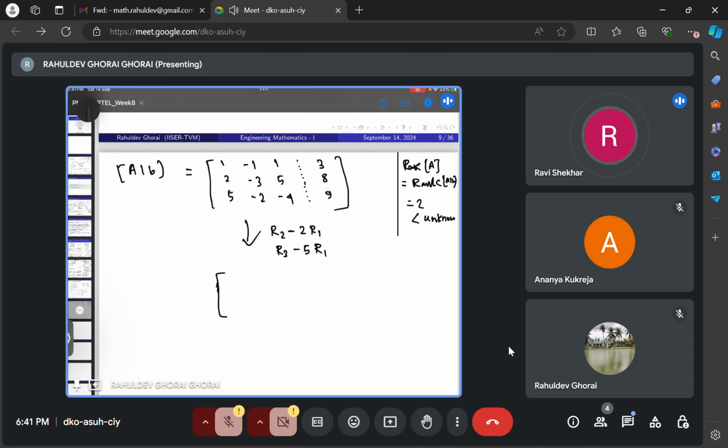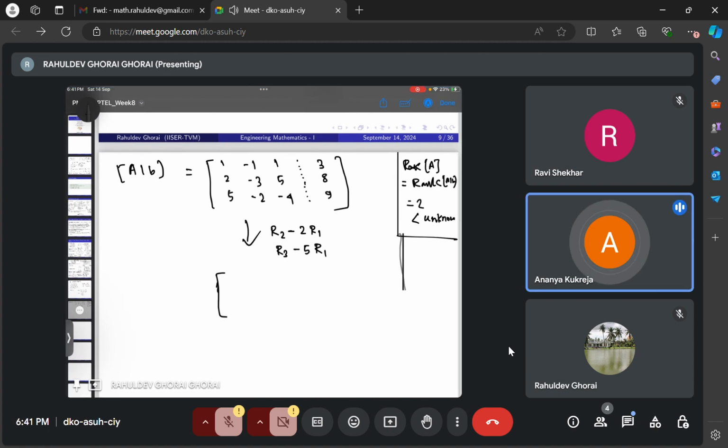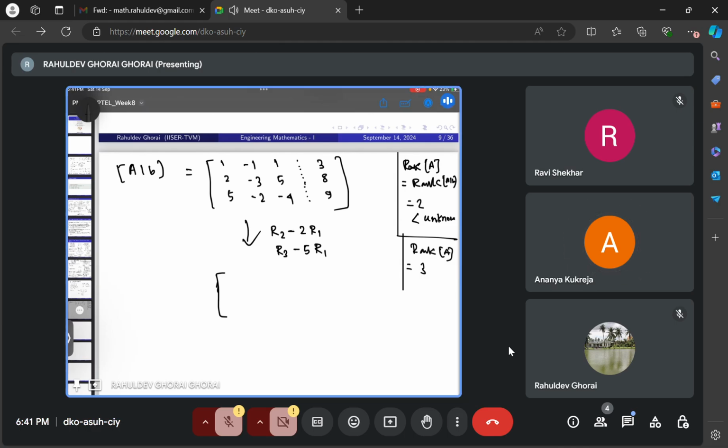I am not saying it is correct; we'll see what comes. What did Ananya get? Sir, I got rank of A and A augmented as 3, so a unique solution. Okay, we'll see that. I am doing it, and you check where you are making a mistake.